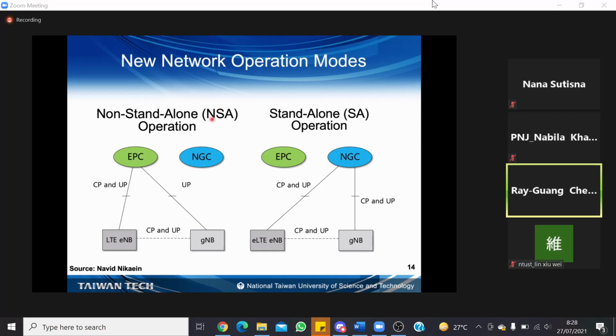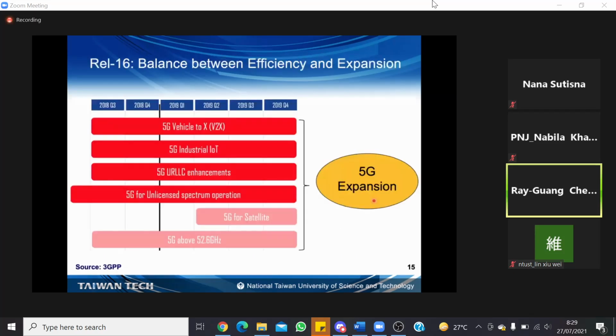One is NSA, another is SA. NSA means 4G base station and 5G base station connect to 4G core network. SA means 5G and 4G enhanced base station connect to 5G core network. So both of them need to support control plane and user plane information.